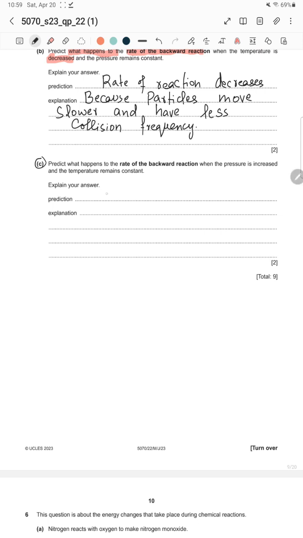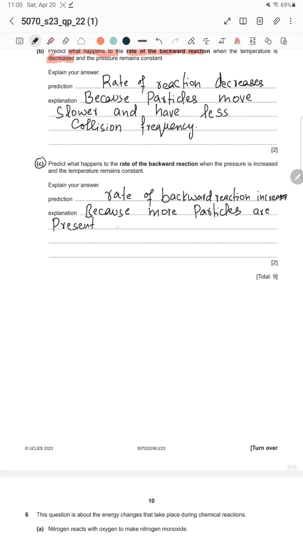So we will write: rate of backward reaction increases because more particles are present per unit volume and collision frequency increases.